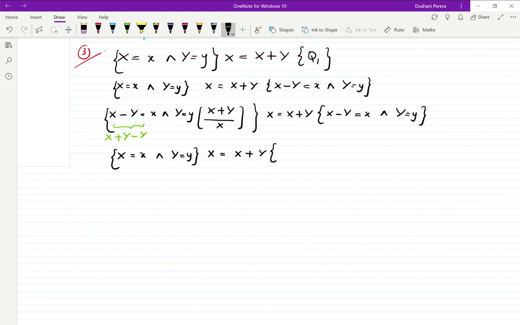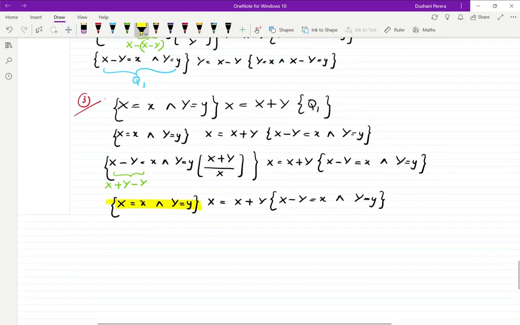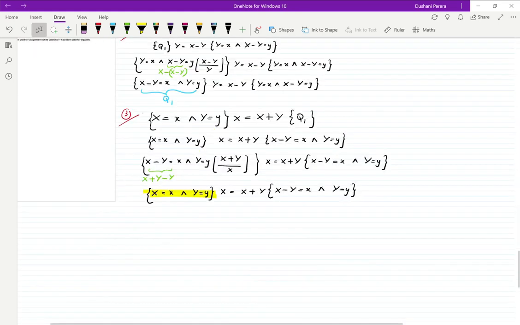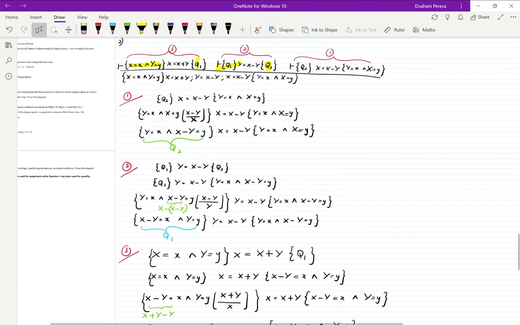And again here, we have Q. Okay, now as you see, this is what we get as the precondition, and that is the precondition which is given over here as well.